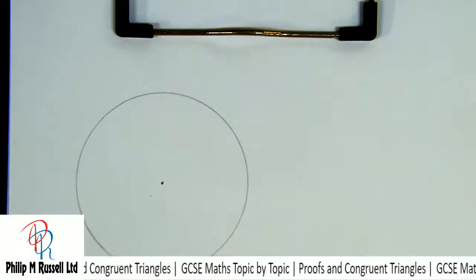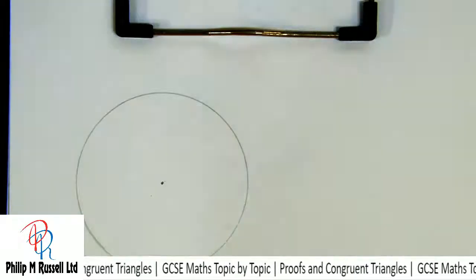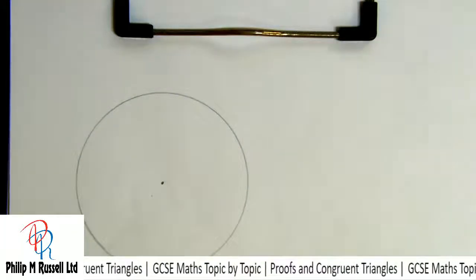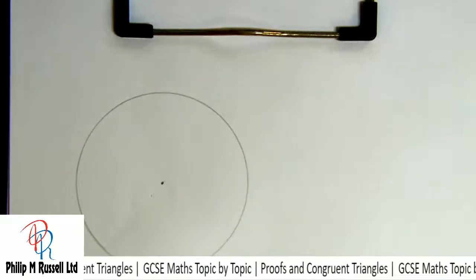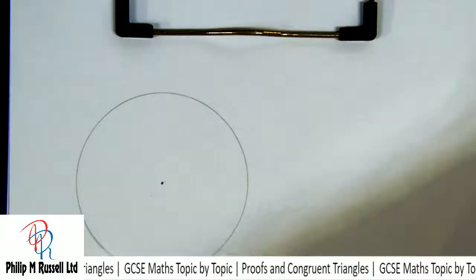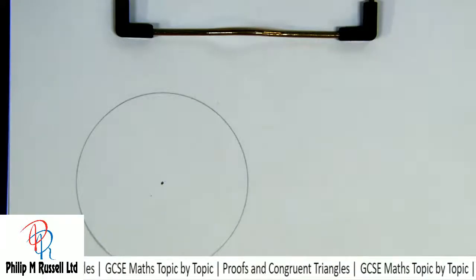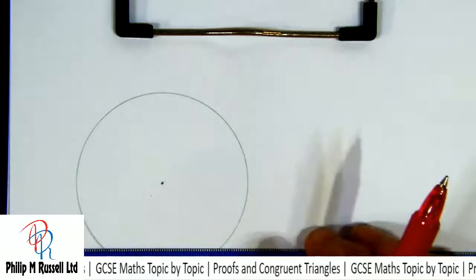Right, let's draw in two triangles. Now, these two triangles I'm going to draw in pen this time, and I'm going to draw them in different colours.